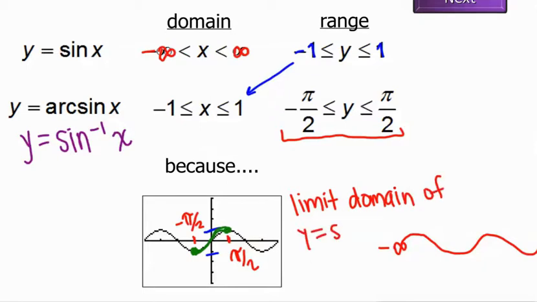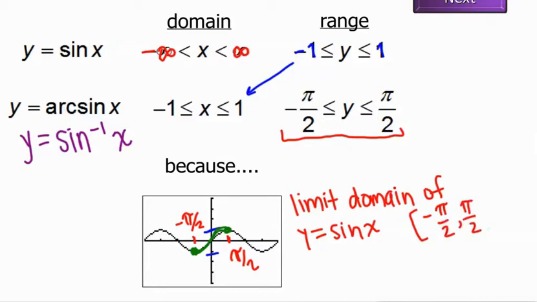of y equals the sine of x, instead of going from negative infinity to positive infinity, it goes from negative pi over 2 to positive pi over 2.